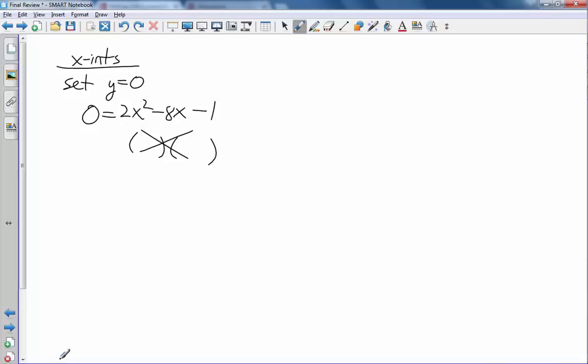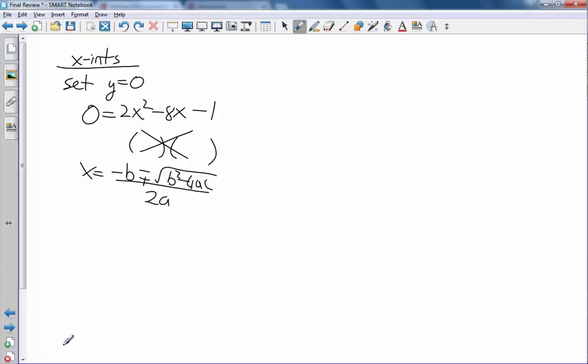What other methods do you know to solve a quadratic equation? Quadratic formula. You can do -b plus minus square root of b squared minus 4ac over 2a. It works. It's going to take quite a while, right?